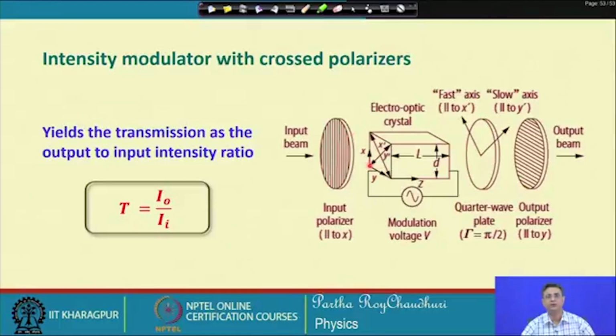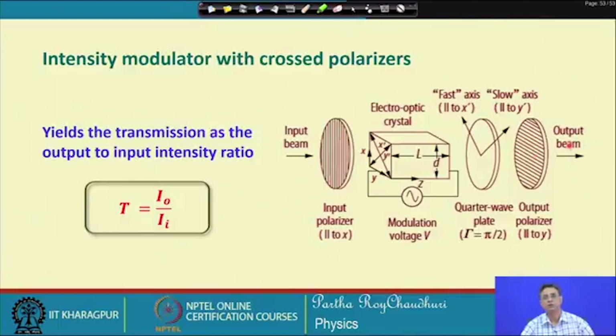These are the new principal refractive axes, and therefore it will have an equal share along x prime and y prime, which will travel along this length. But depending on the x prime and y prime refractive indices, there will be a phase difference, a retardation, a delay, and then because you have a crossed polarizer, the output will be modulated.